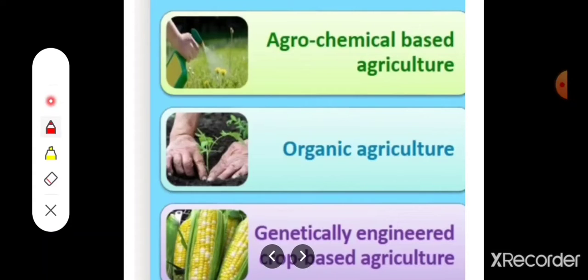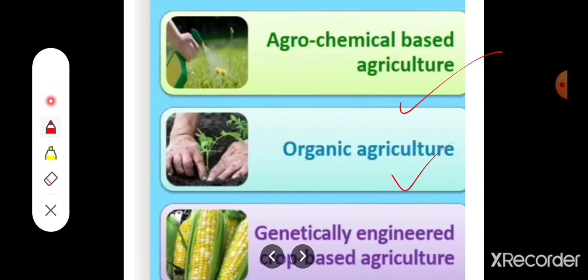If you look at the agriculture process, there are three options through which we can increase food production. One is agrochemical based agriculture, that is using pesticides, fertilizers and chemical substances for the growth of plants. The next way to increase productivity is organic agriculture, like using manures which are useful and not harmful to the environment.